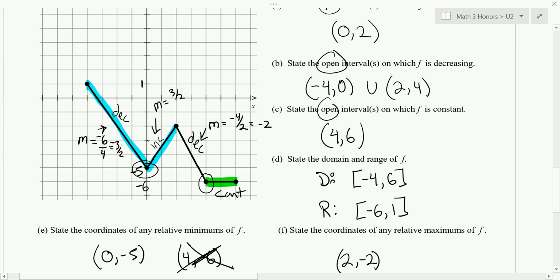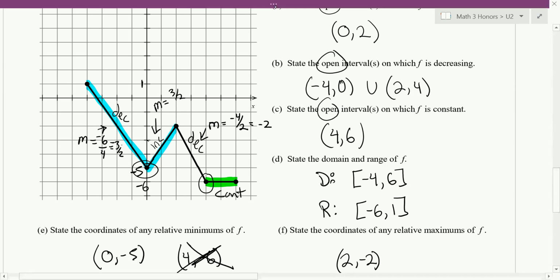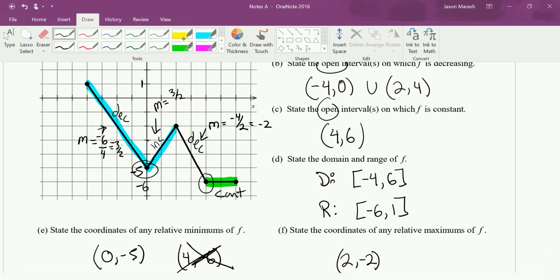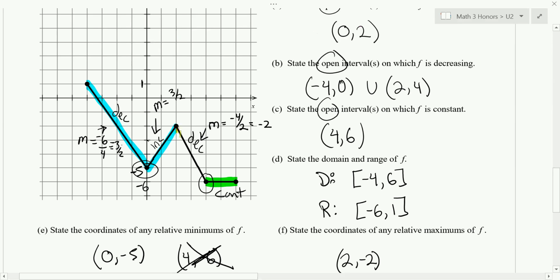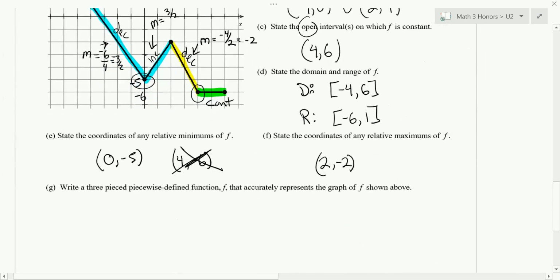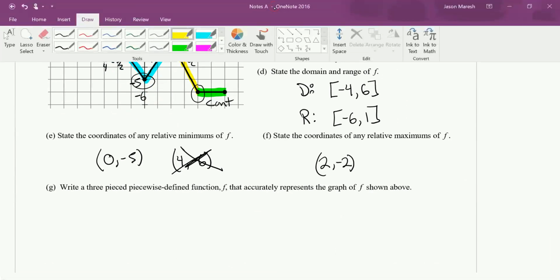So we have a negative 3 over 2 and a positive 3 over 2, so definitely we can use that one. Okay. And so here, the first thing we're doing is just identifying what should our three pieces be, and there we have them. And so we're going to now put our equations in.